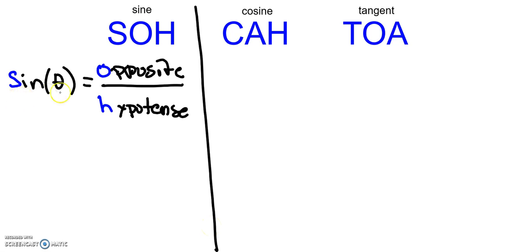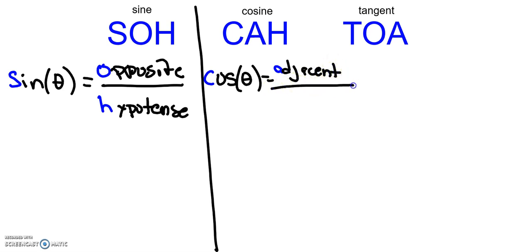I know we use the three letters S-I-N, but that's just because of how it looks on a calculator. CA is the cosine, and we abbreviate that cos. Cosine of theta is equal to A, which stands for adjacent, divided by H, which again stands for hypotenuse.